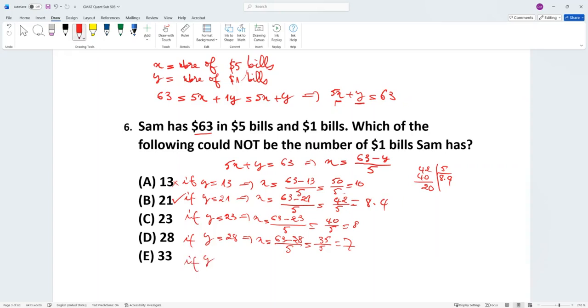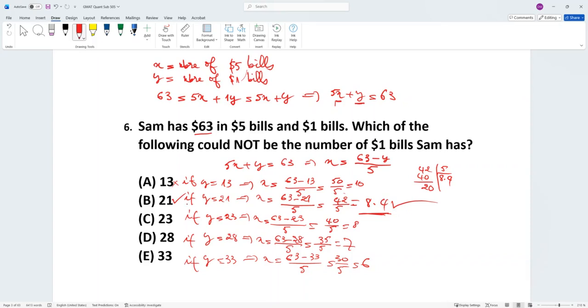And even the last one, if y is equal to 33, then x is equal to 63 minus 33 over 5, which is 30 over 5, which is equal to 6. So it's only this one that is giving us a decimal number.